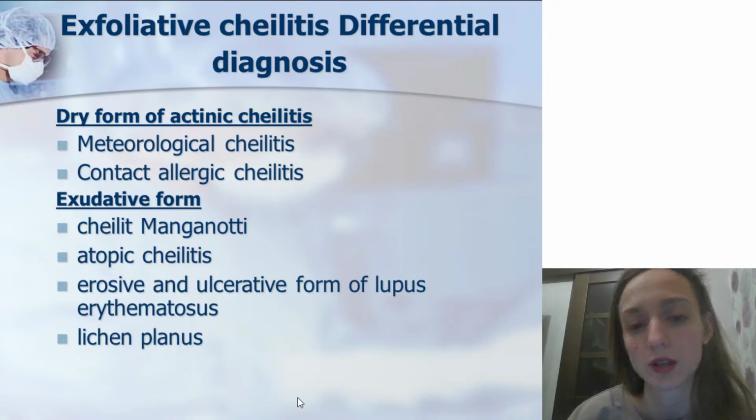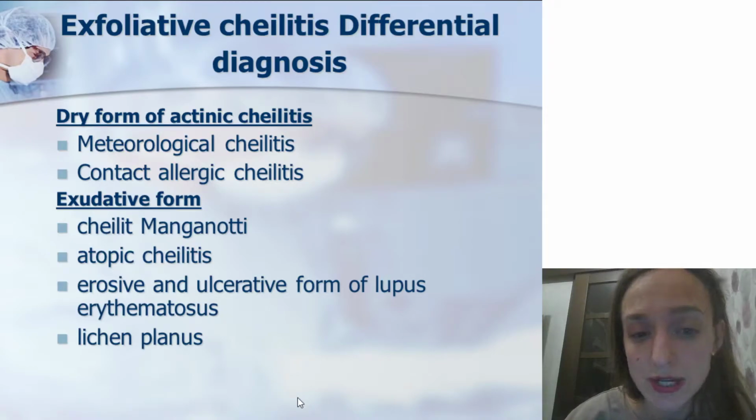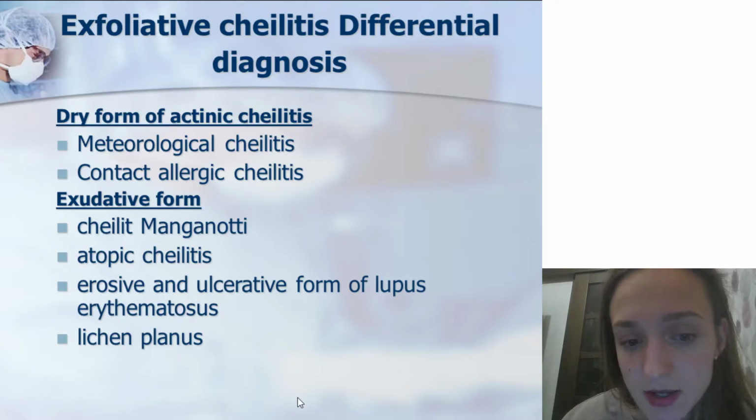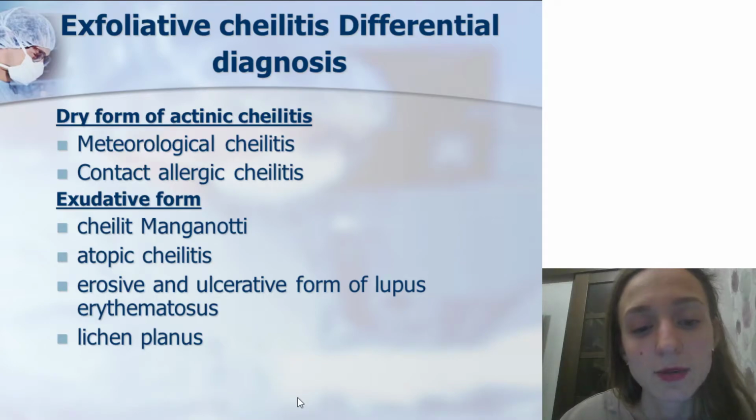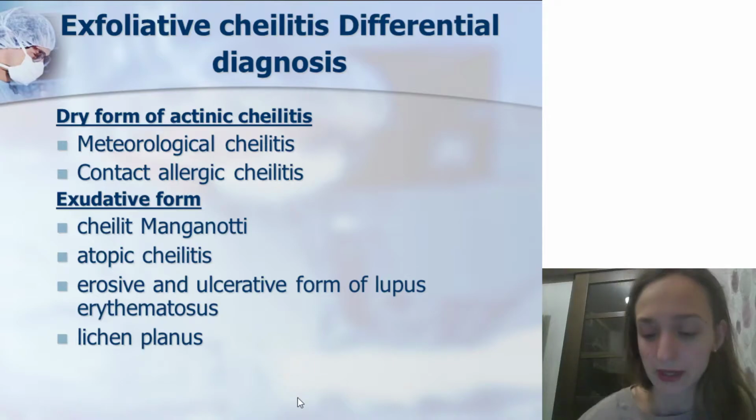For differential diagnosis, the dry form of actinic cheilitis should be differentiated from meteorological cheilitis and contact allergic cheilitis. The exudative form should be differentiated from cheilitis manganoti, atopic cheilitis, the erosive and ulcerative form of lupus erythematosus, and lichen planus.